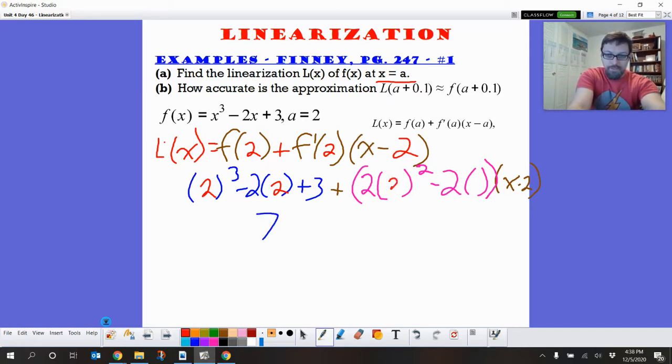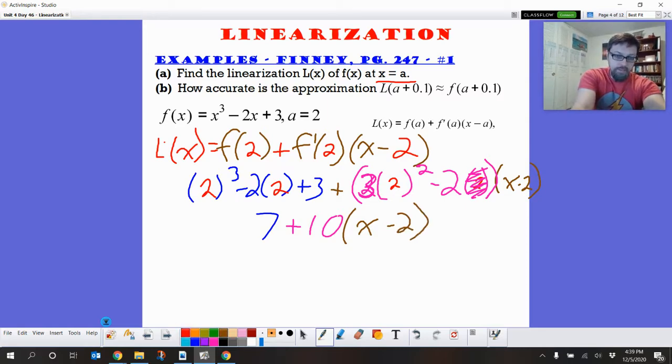Oop, I forgot to put in these 2's. And then that is 8 minus 4, so that's going to be 4. Wait, there should be a 3. Good thing I have my key. So that is 4 times 3, which is 12. Minus 2? Oh, yeah, there shouldn't be that there. Kind of making a mess of this. We get 10 times x minus 2.